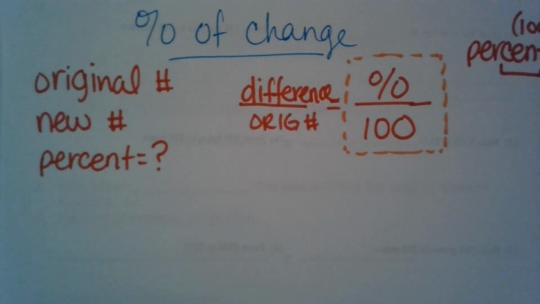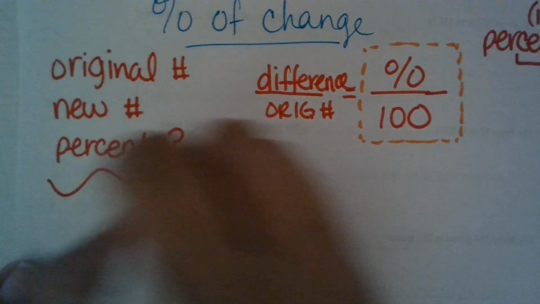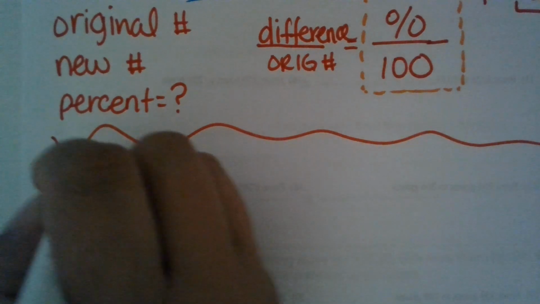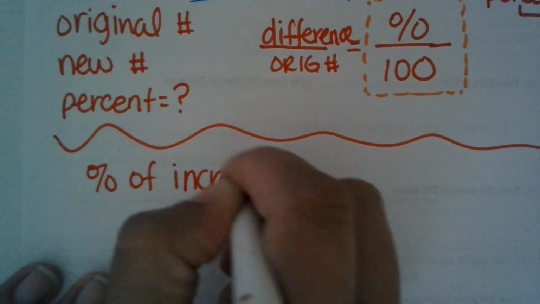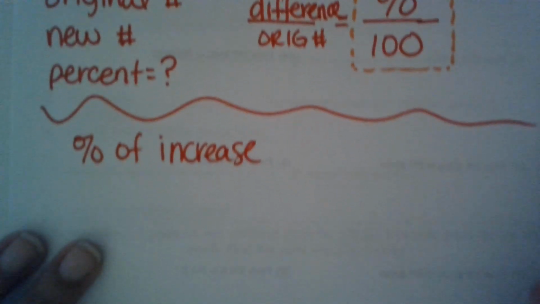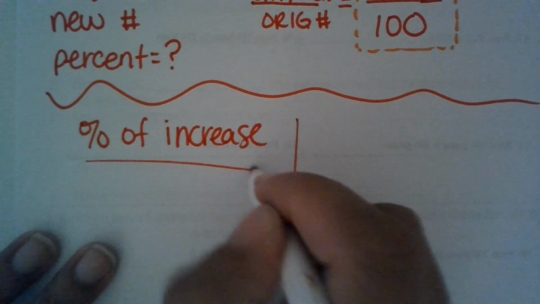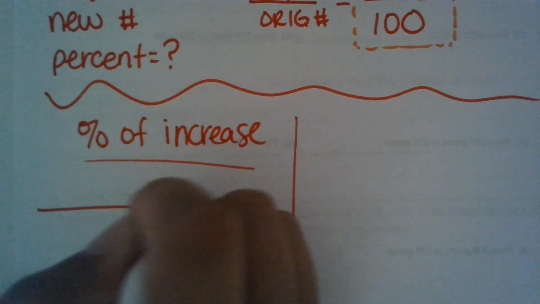Now, there are two scenarios, and you will be getting guided notes on this piece. If I am looking for the percent of increase, to find the percent of increase, your setup should be as follows.